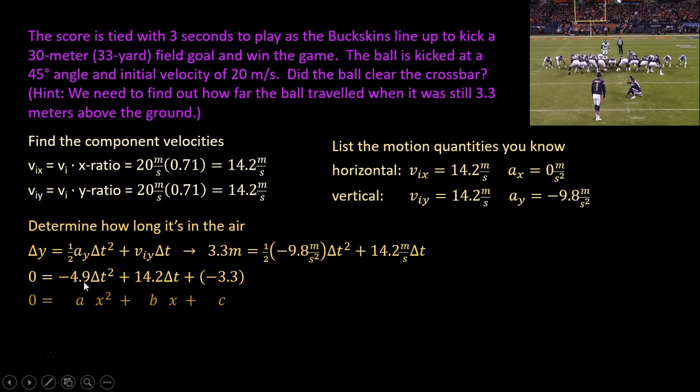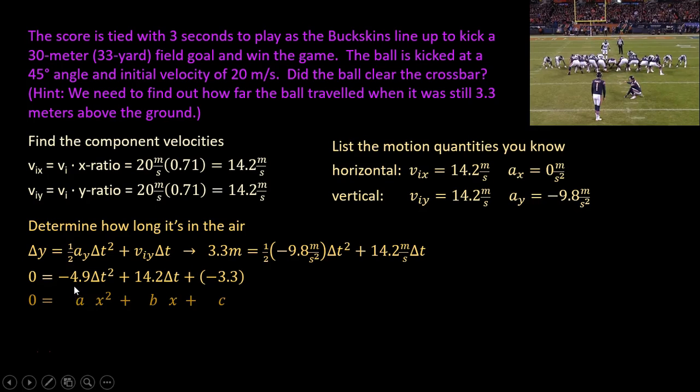Notice this is in our quadratic equation format. In math class we learned that a quadratic equation was 0 equals a coefficient a times x squared plus a coefficient b times x plus a coefficient c.